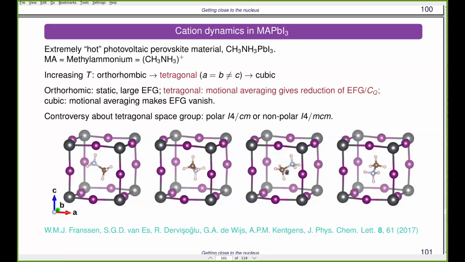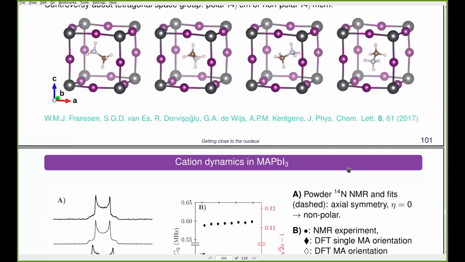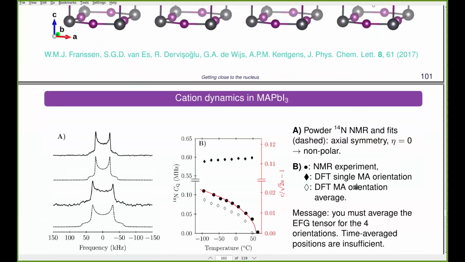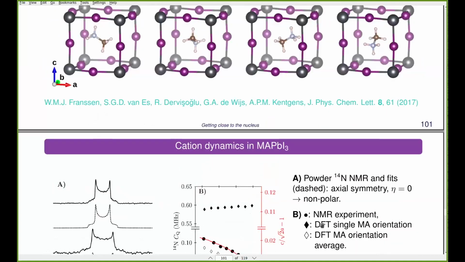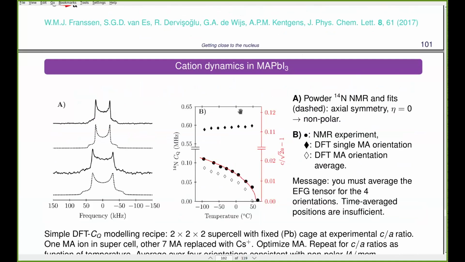So it's essentially the same calculation, but it's rotated by 90 degrees. No, more than 90 degrees. It's also mirrored in this case. And then you can calculate those 4 tensors, you average them, and then you calculate from that your CQ or your VZZ, so the components in the principal axis system. And that is how we modeled this tetragonal system over here.